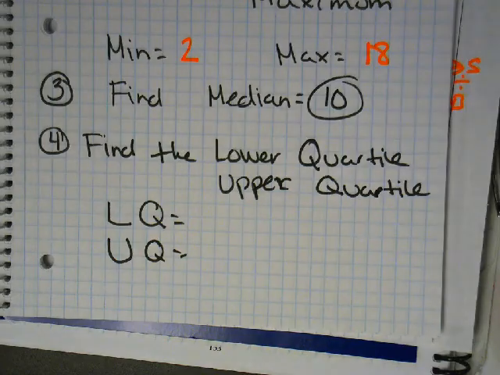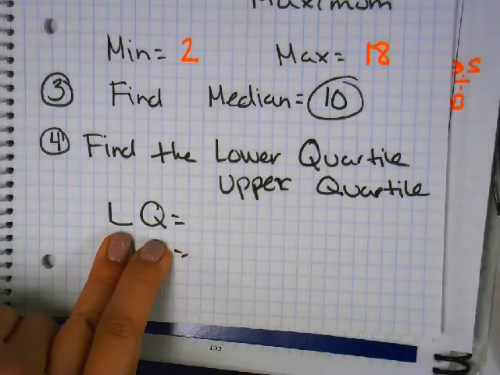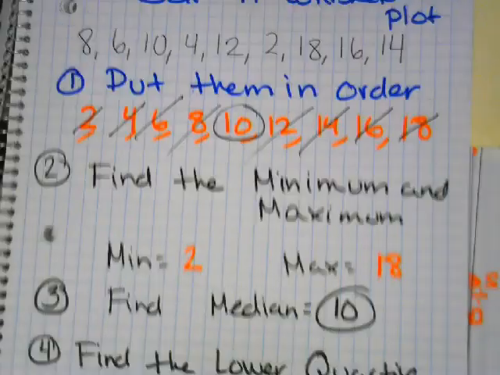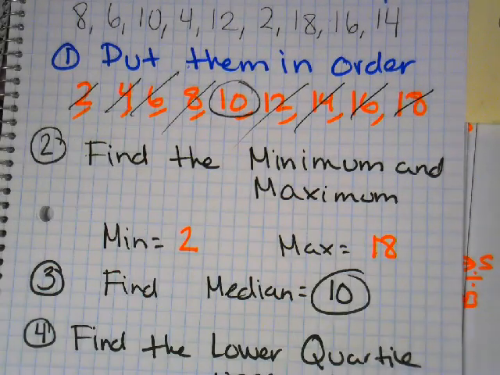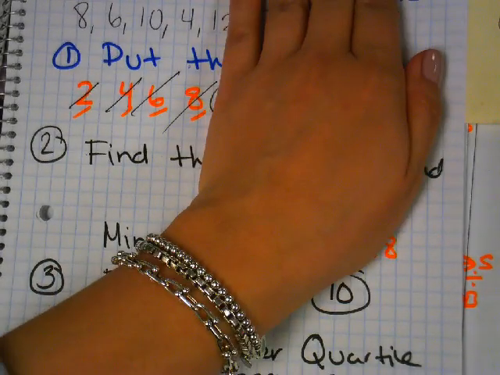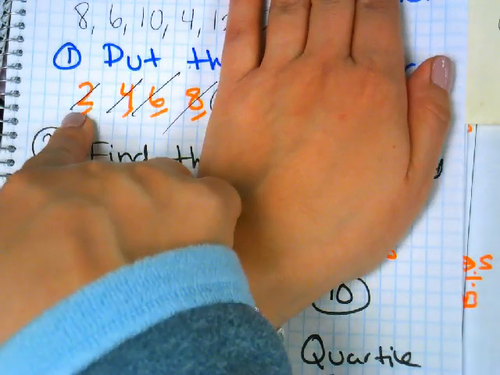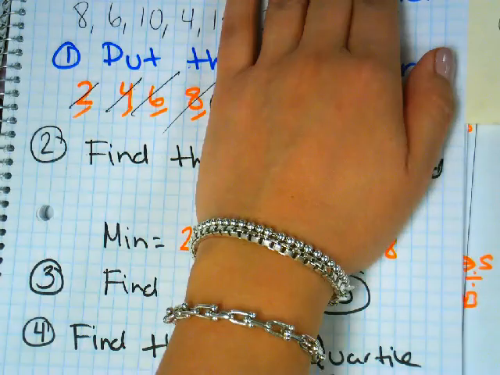Lower quartile. Lower means bottom, right? Okay. So look at the numbers. Here's your median. I'm going to cover up what's on the top. I am just focused on the numbers on the bottom part, the lower part. I need you to find the median of the lower part.